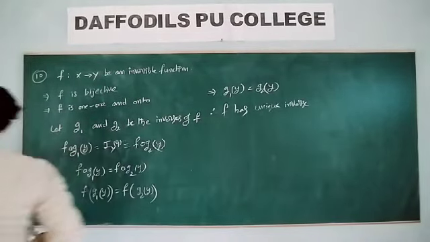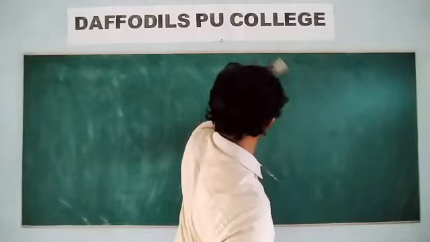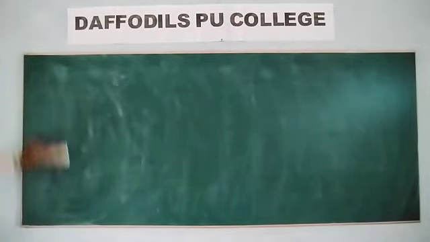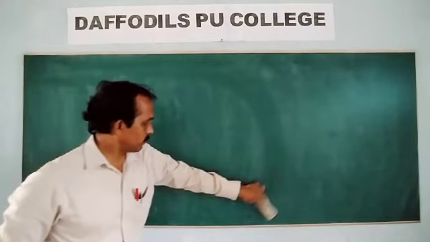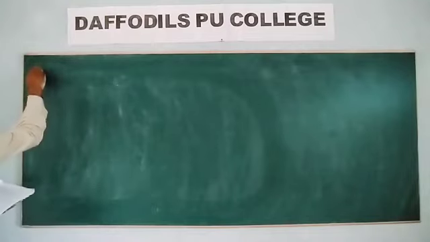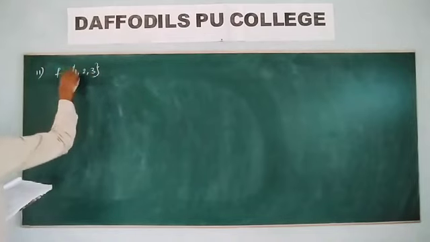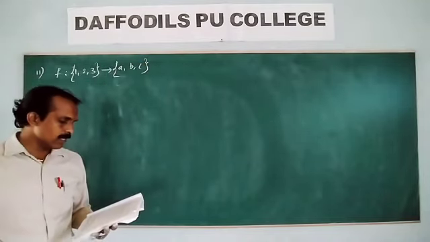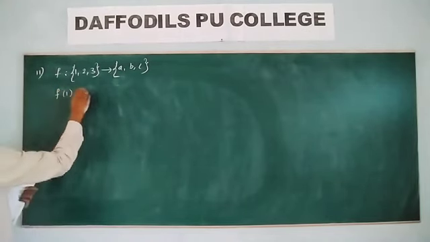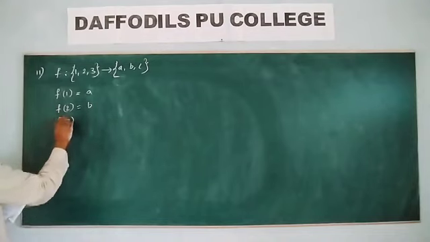Eleven. Let f map 1, 2, 3 to a, b, c given by f of 1 is equal to a, f of 2 is equal to b, f of 3 is equal to c.